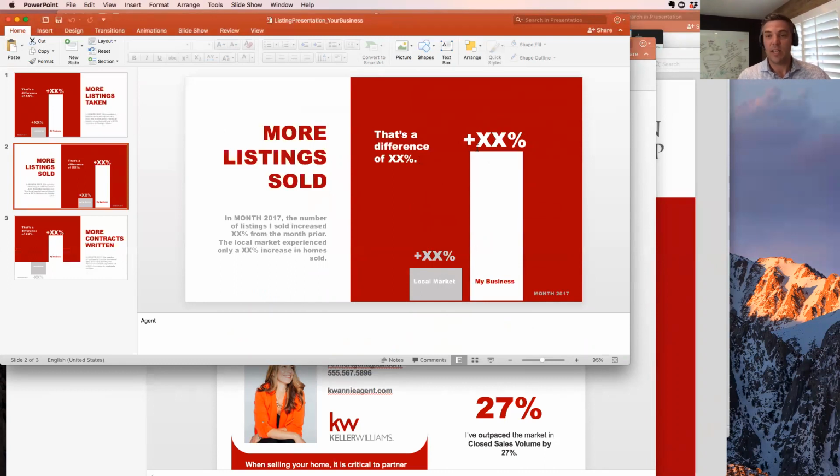Now the key here is we give you the office stats of how we're outperforming the market, but it's also important for you to be tracking your own statistics, so that if you're even outproducing the office, then you use your own statistics, and it even gives you one more layer of evidence to not only say, hey, am I part of the number one real estate office in this county who's outperforming the market by this, I'm actually outperforming the market by 3% more at this percent.